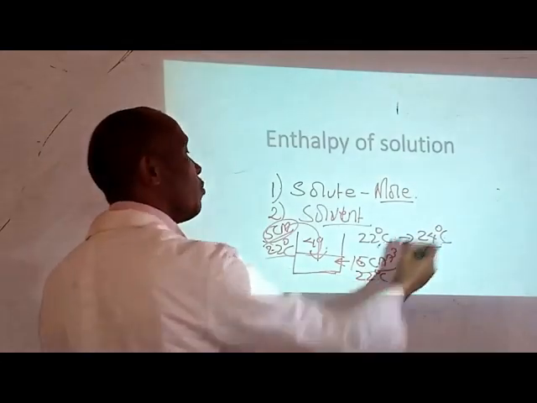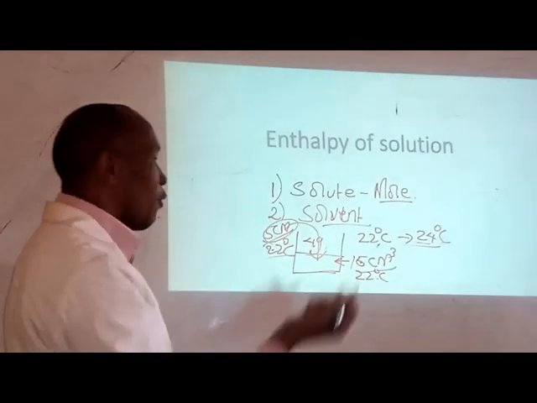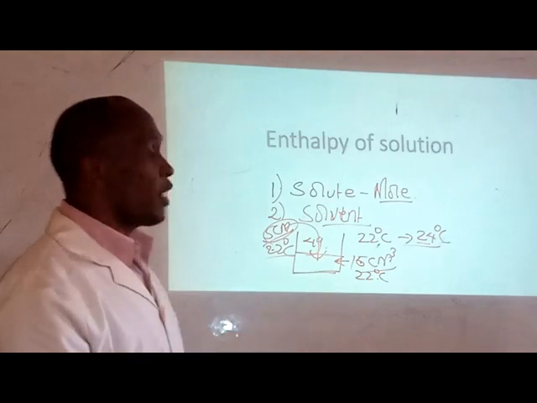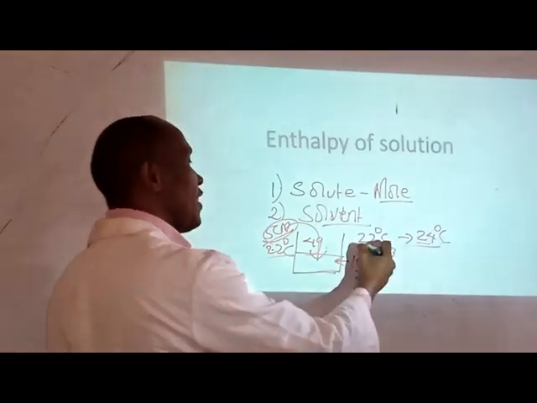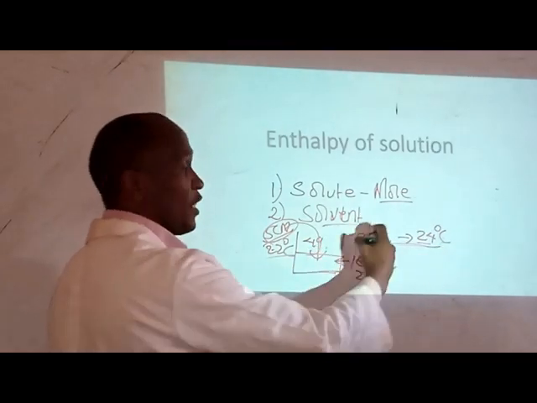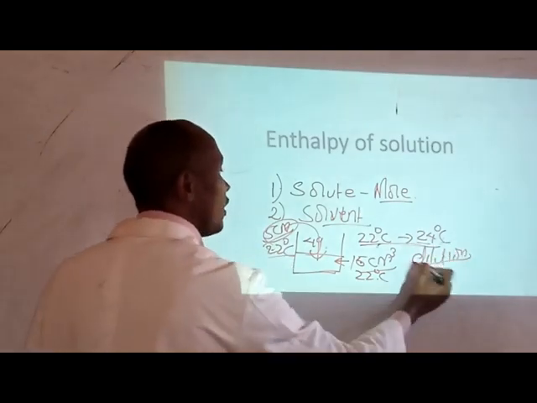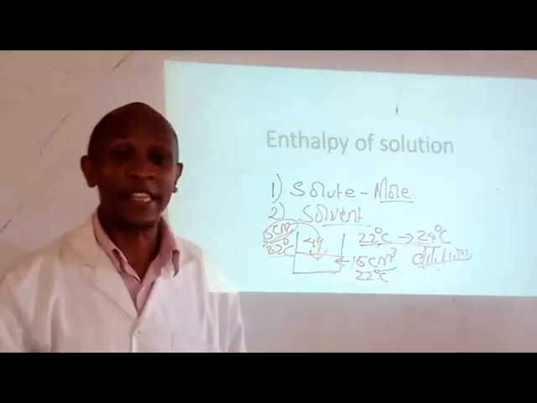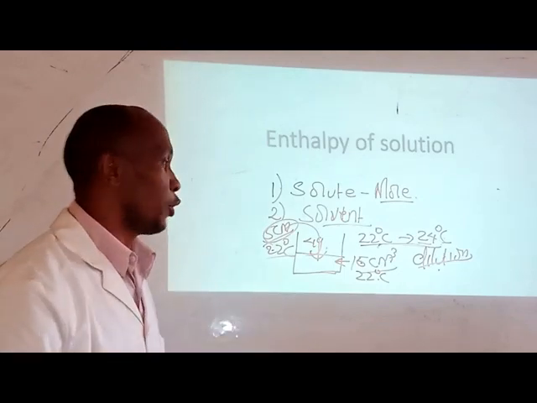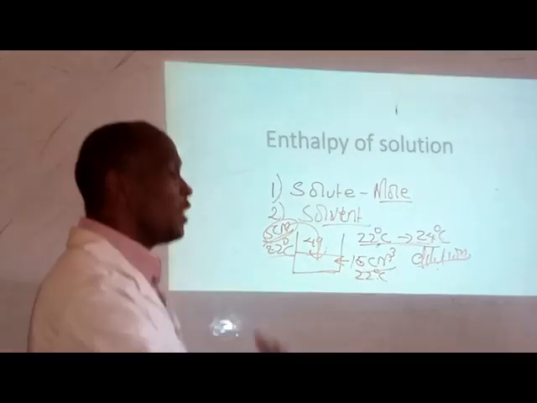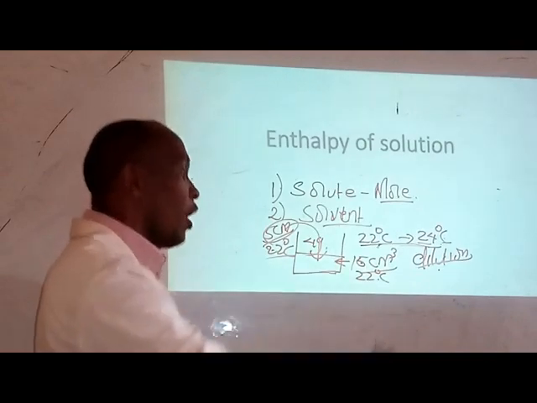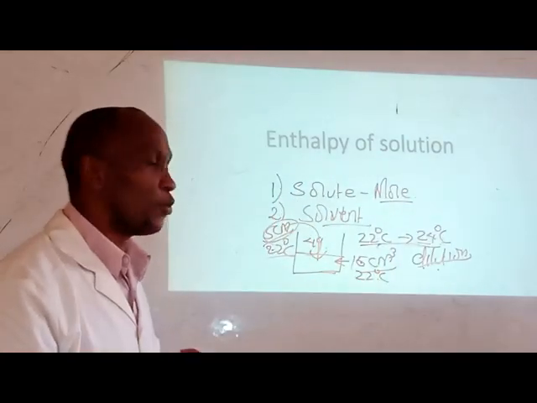Of course, that would not be 24. So I was keen to know what is happening. I discovered that whatever energy I'm getting in this process is what I call the enthalpy of dilution.